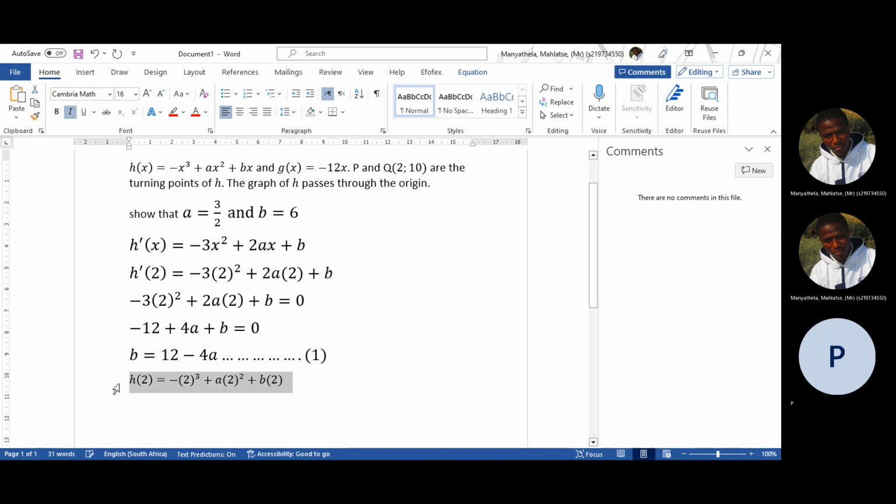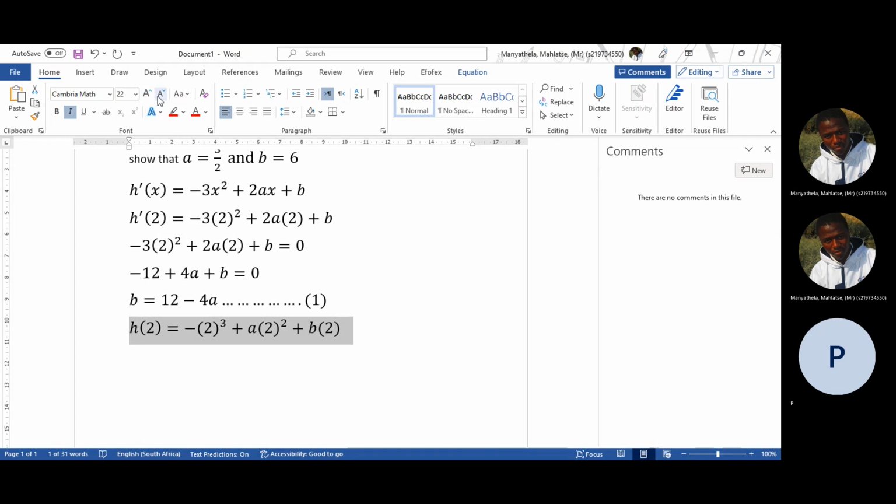So the next step, let me expand this so that at least you can see it from your phone. Let me reduce it a little bit. I will equate this thing with 10, because it's the corresponding y value. So 2 cubed is how much?